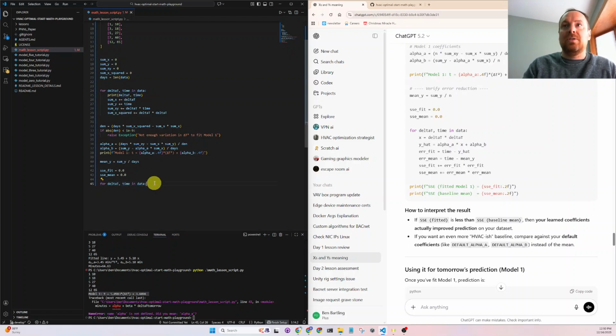We're for looping through it again. So x equals delta t times delta t, y hat, kind of interesting, equals alpha a times x plus alpha b.